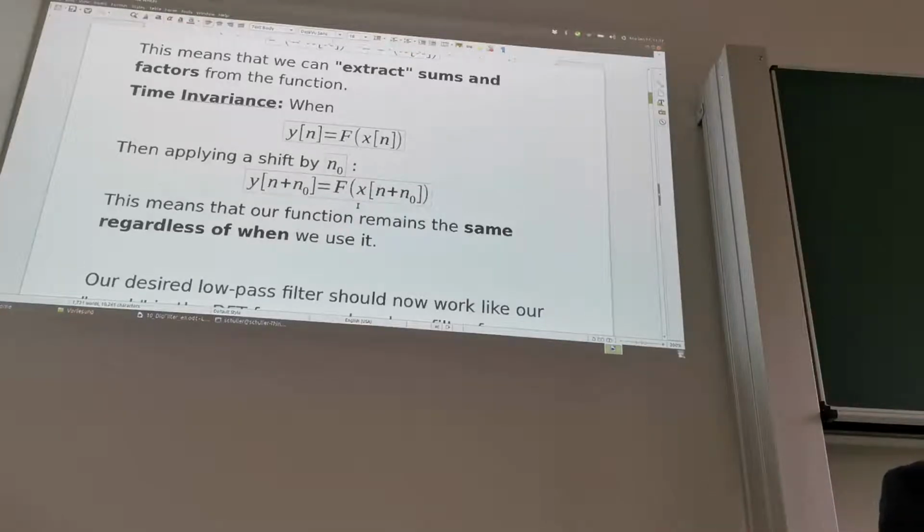Basically, the signal comes later. Then that's the same as taking the previous output and shifting it. So the only difference between the two versions is the shift. So a shifted input leads to accordingly shifted output. The function doesn't change with time. It's time invariant.